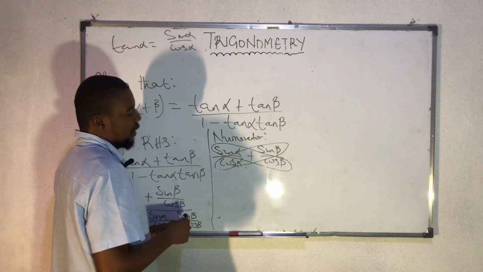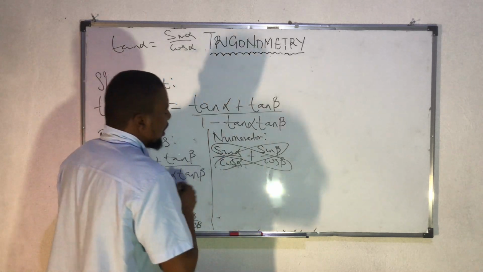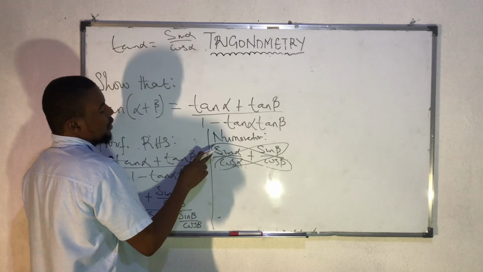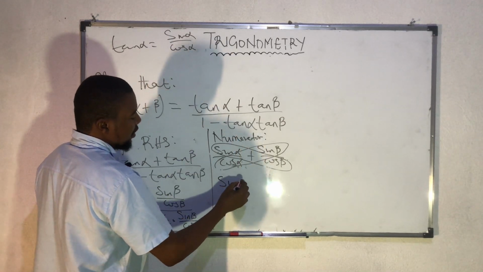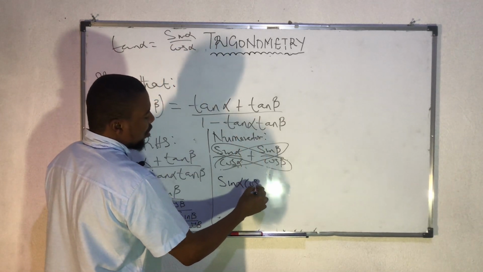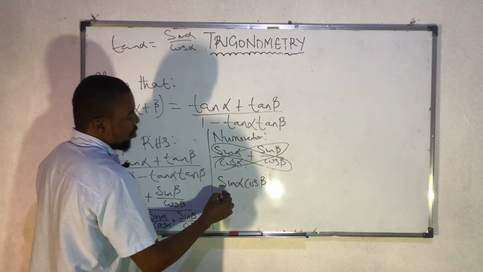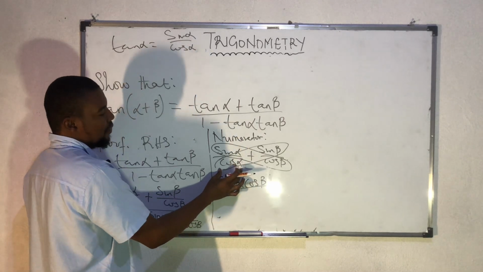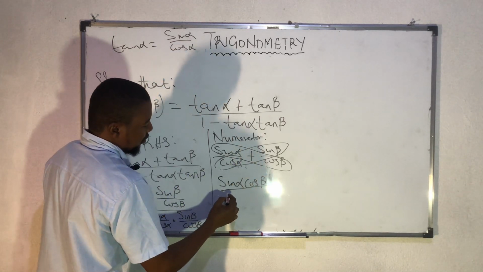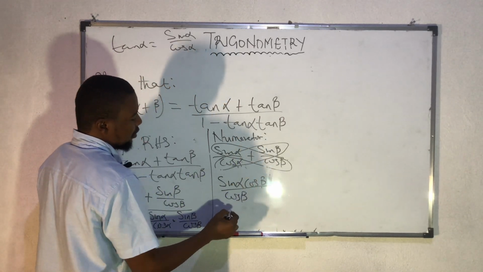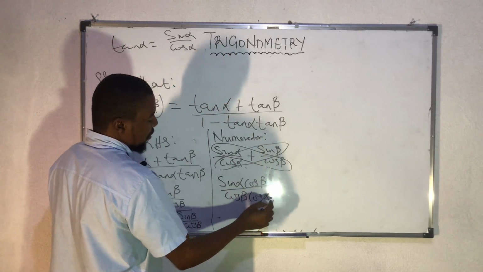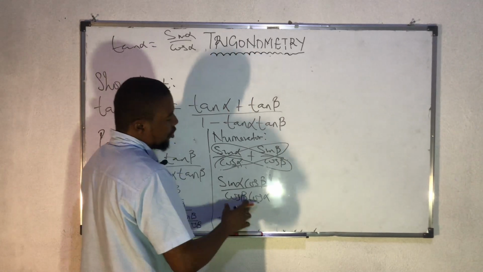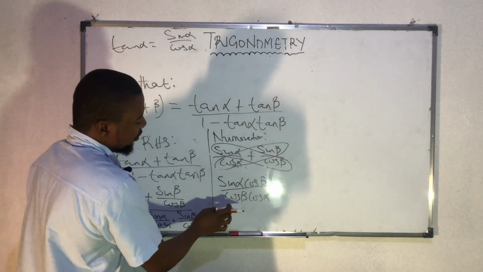Let's go ahead and do just that. Therefore, we shall obtain, if you multiply cos beta and sine alpha, sine alpha cos beta over, here you shall have cos beta times cos alpha, which will give you cos alpha cos beta.